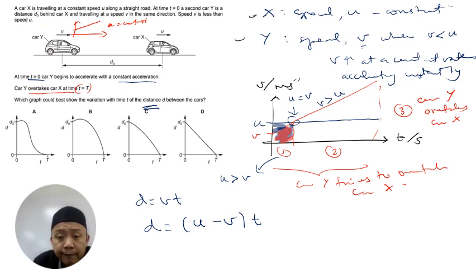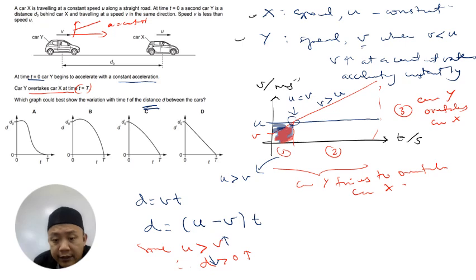Now since u is greater than v, the distance would be positive. That means there will be an increase in the distance. However, we know that v is increasing at a constant rate, therefore the distance would be decreasing. So d is positive, but it is decreasing.